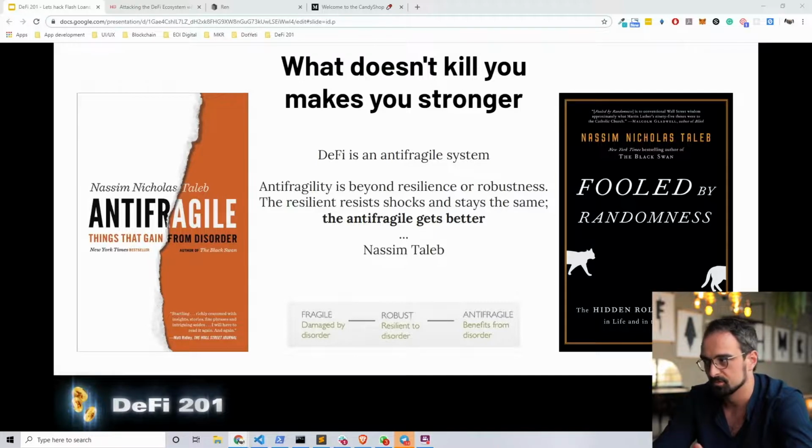You cannot just build a DeFi protocol, safeguard millions of people's money, and then not look at all attack vectors. So flash loans are just another attack vector you need to be aware of when you're building your DeFi protocols. But at the end of the day, DeFi is an anti-fragile system. So these attacks and these angles only make us stronger.